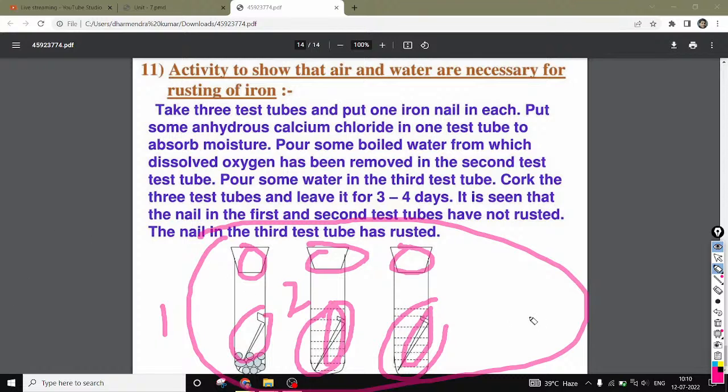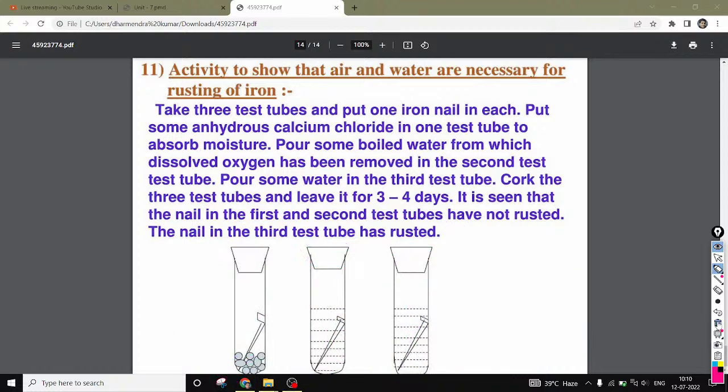Why? Because here normal water has reacted with the nail, and it formed iron oxide, right? So these are some reactions which are very important for us. Means if you expose any normal nail to moisture and air, definitely the metal is getting rusted, right?